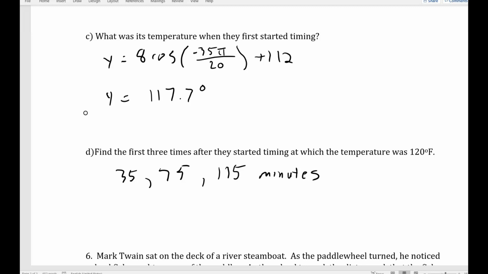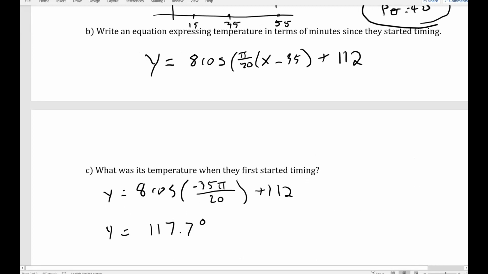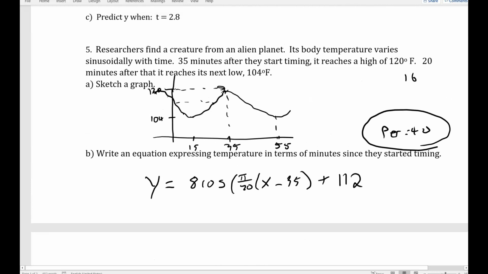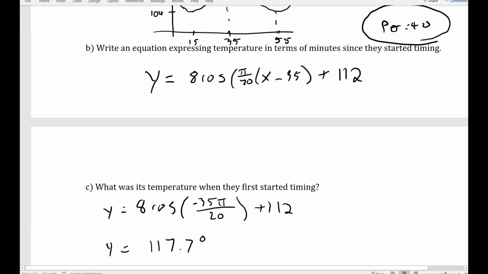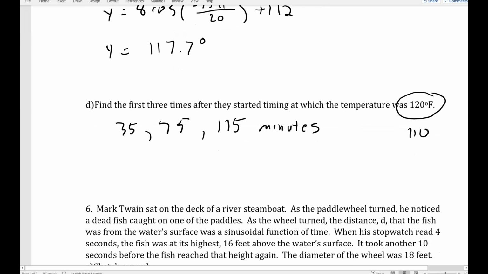Now, let's say instead of 120 degrees, they would have said 110. Then we'd have to replace y with 110 and solve for x and find out where it is on the graph, and then do some fancy adding to get to the other things. I'm going to do that because I think that's a harder problem.